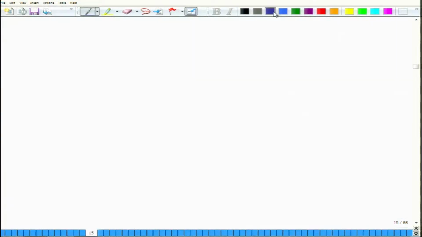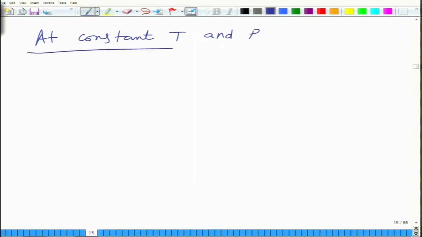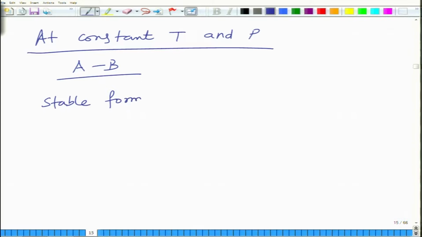So, let us say we have, at constant temperature and pressure, two phases, we have two components A, B, okay, and the stable form of pure A is the alpha phase.